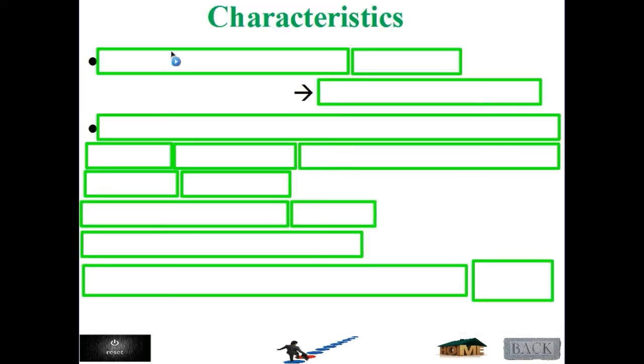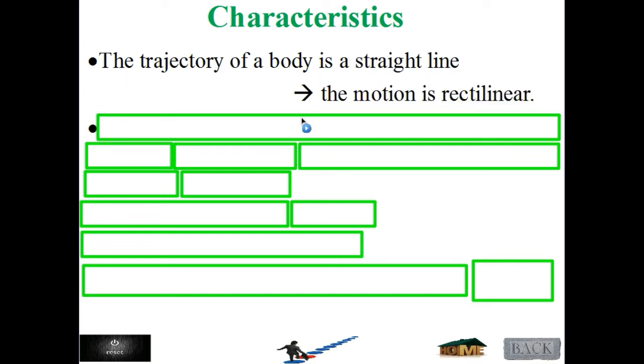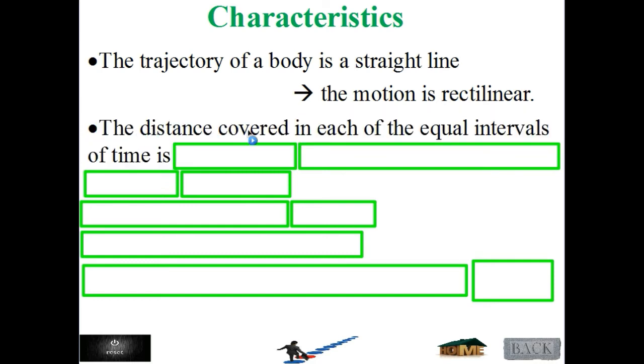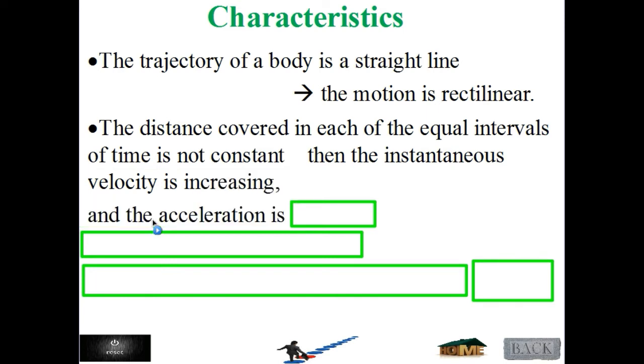Now the characteristics of this motion. The trajectory of a body is a straight line, this we call the motion is rectilinear. The distance covered in each equal interval of time is not constant. Then the instantaneous velocity is increasing and the acceleration is constant.